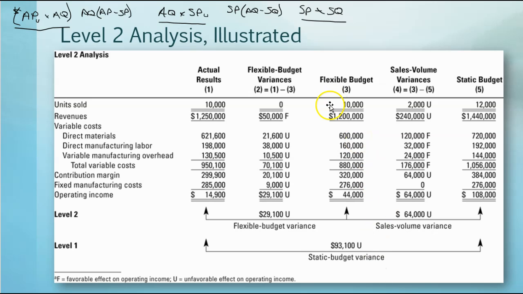All right, and then what else is nice about this is you can take this apart. The whole thing, the difference between actual and static, is the static budget variance. And in here, we just broke it down into the flexible budget variance, and then this difference between the flexible budget and the static is your sales volume variance.